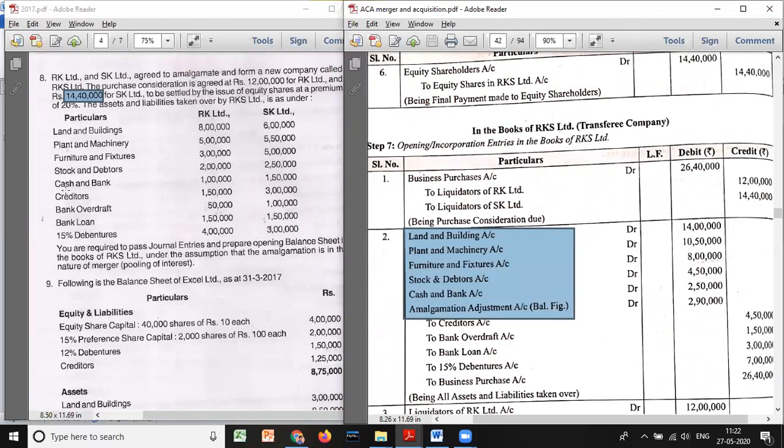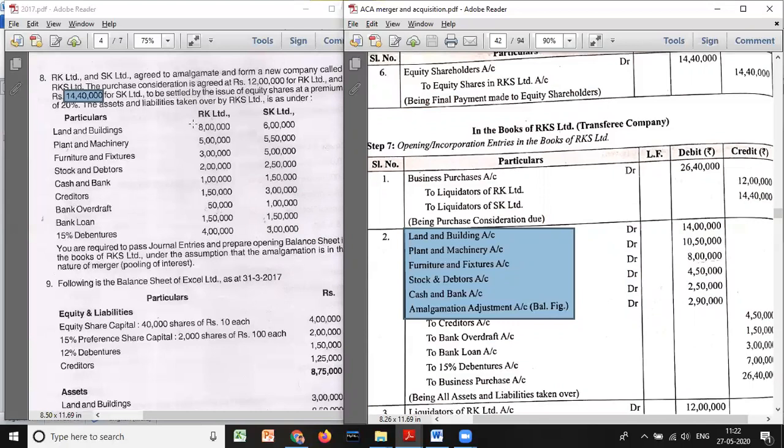You should not take capital, you should not take reserves. You should not even take statutory reserve, because for statutory reserve we pass a separate journal entry. But this is a merger, so we take all assets except fictitious, all liabilities except share capital. We don't have any reserves here, so we'll take only the liabilities given.